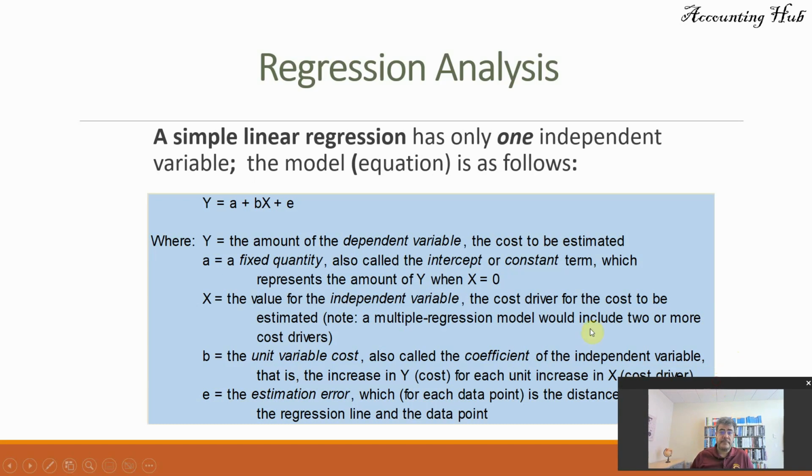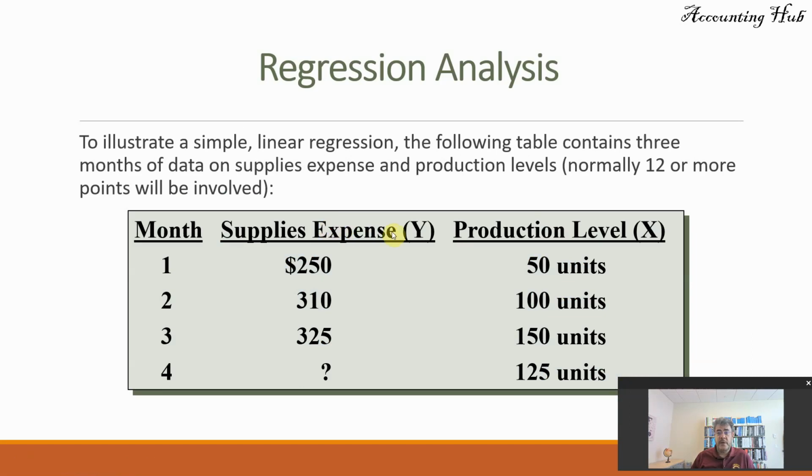Usually a simple linear equation has only one variable, so the equation is a plus bx, plus error. So here, let's consider supplies expense and production level. Here we have the dependent variable and the independent variable, and usually we need more than 12 points, one year of data.